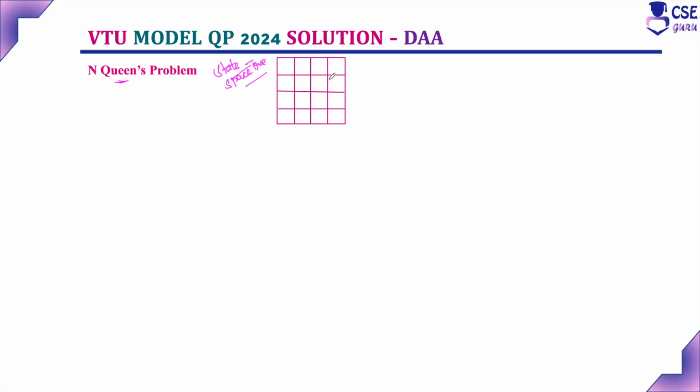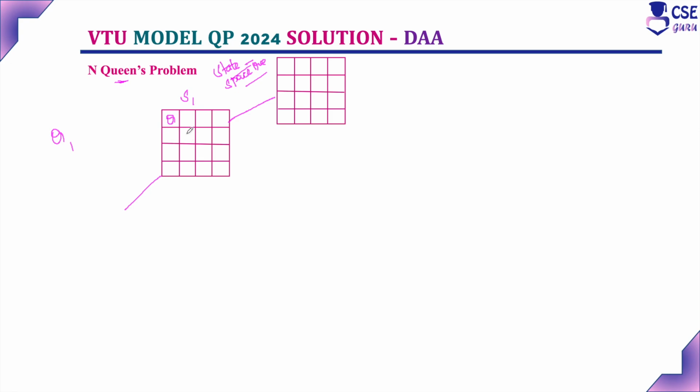Next step, consider this as S1, where you place the first queen, in the first possible place. That is, in first row, first column, we place the first queen. Next, consider the second queen. If you place it in the first column, they will attack each other.